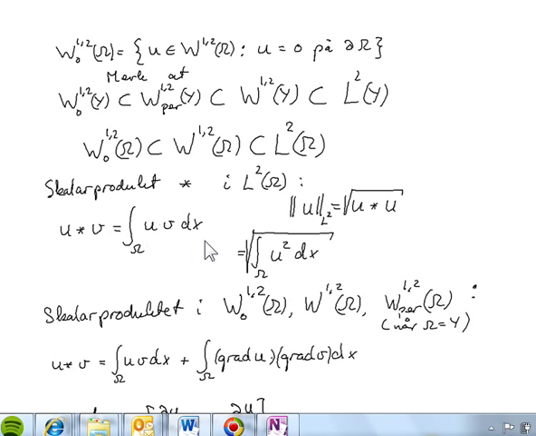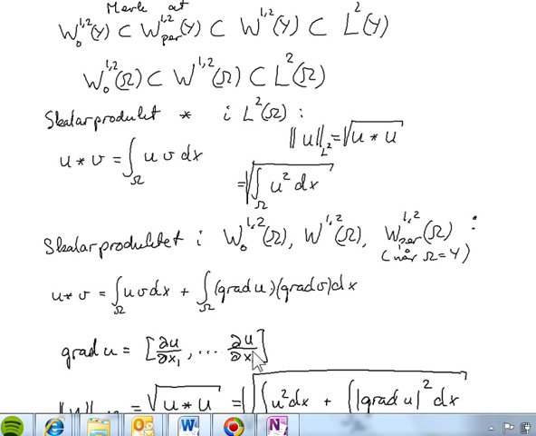We have the same scalar product as in L2, but we add the following. We take the gradient of the function u and multiply it, using the standard scalar product in Rn, with the gradient of v, and take the integral over omega of this function. And recall that the gradient of a function u is defined in the following way.